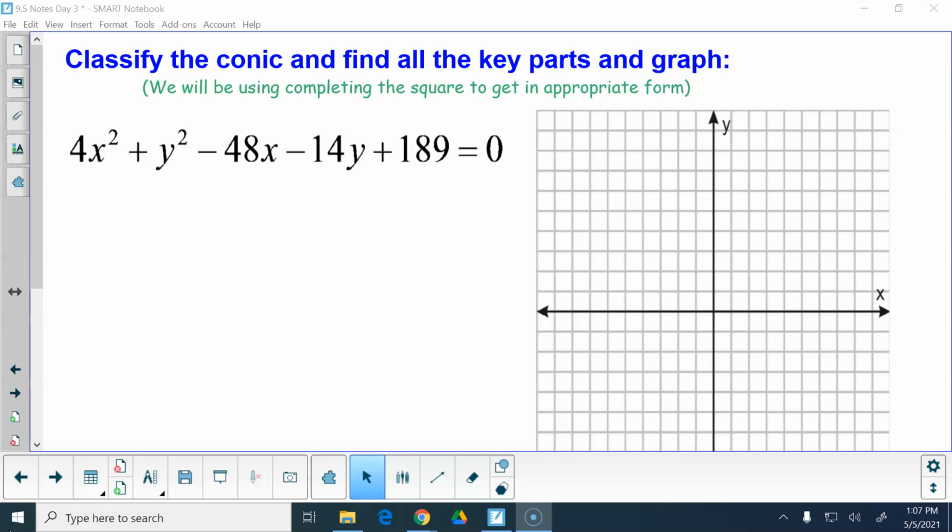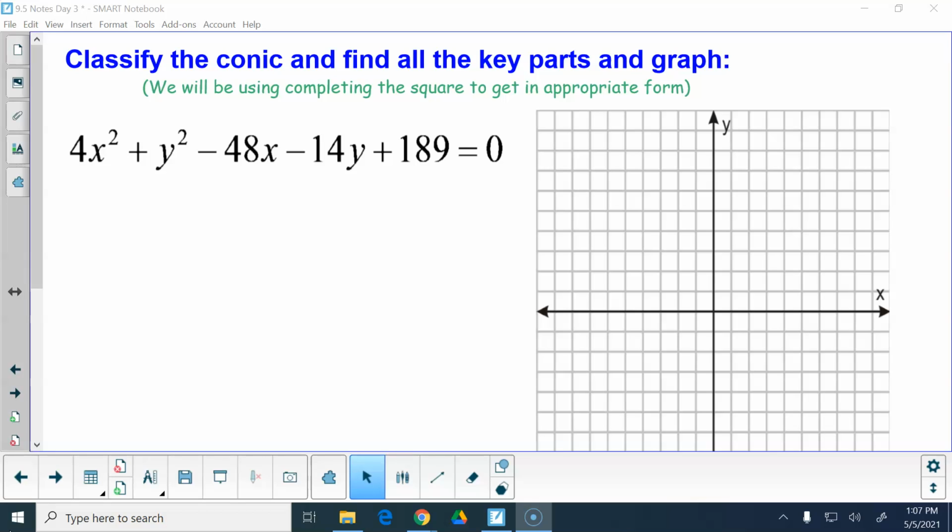Ellipse, we've got to find center, vertices, and foci. Hyperbola, we need to find center, vertices, foci, asymptotes. I think that's everything. Okay? And then we want to graph it at the end, too. So we're going to do everything that we've done the last 4 weeks and the last 2 days. Okay? So, first off, let's start with Monday.